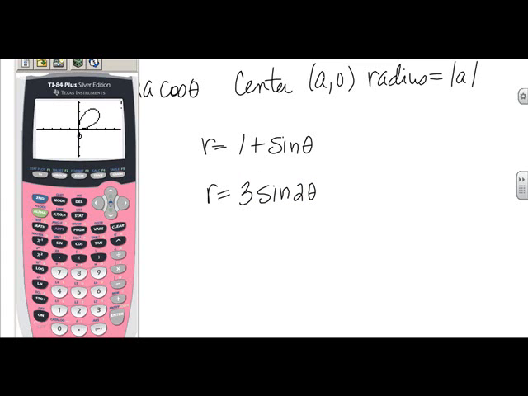Okay, so that equation generates a curve that looks kind of like a flower. That flower has 4 petals, one in the first quadrant, second quadrant, third quadrant, fourth quadrant. All right, now next question.